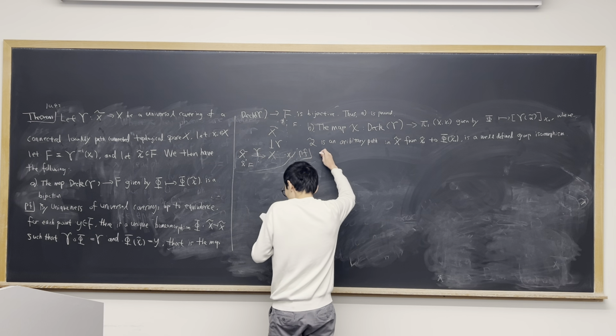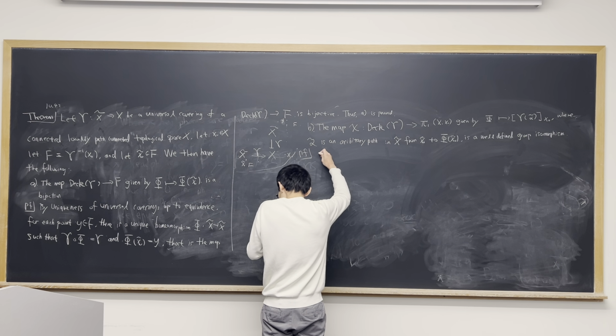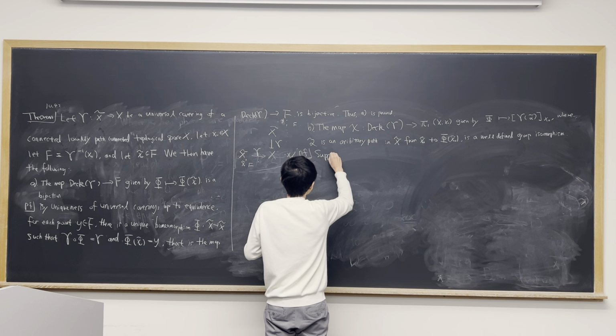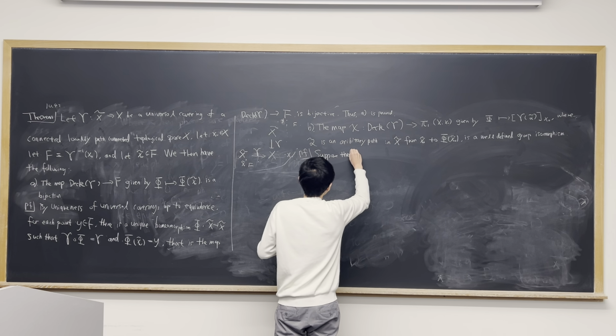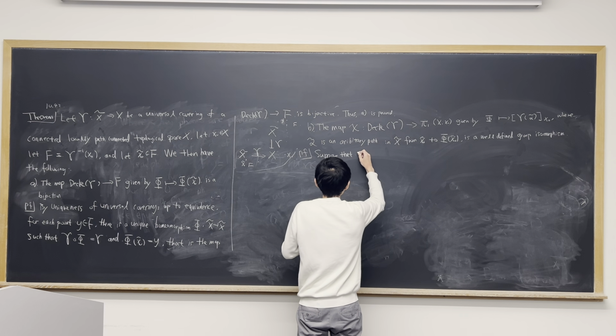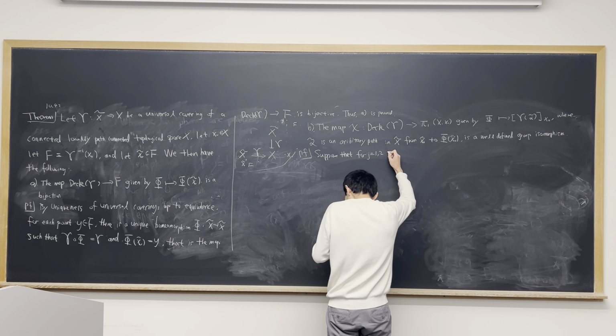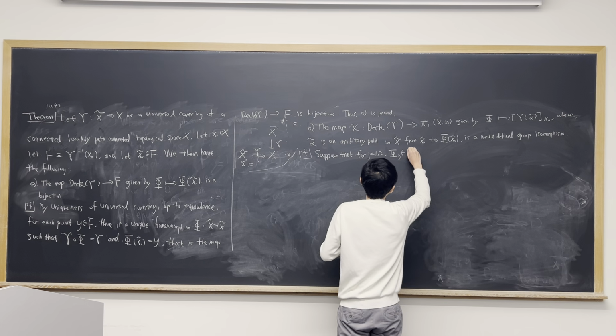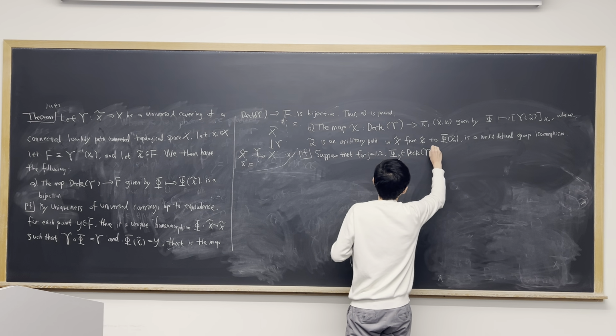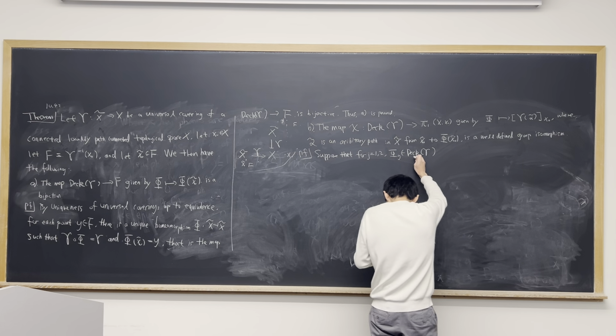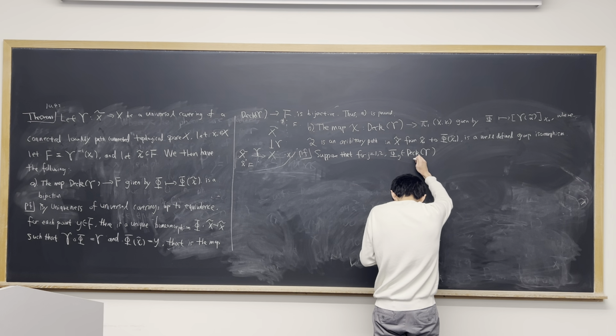So for the proof, suppose that for j equal to 1, 2, phi j belongs to deck gamma, and then yj is equal to phi j of x naught tilde.